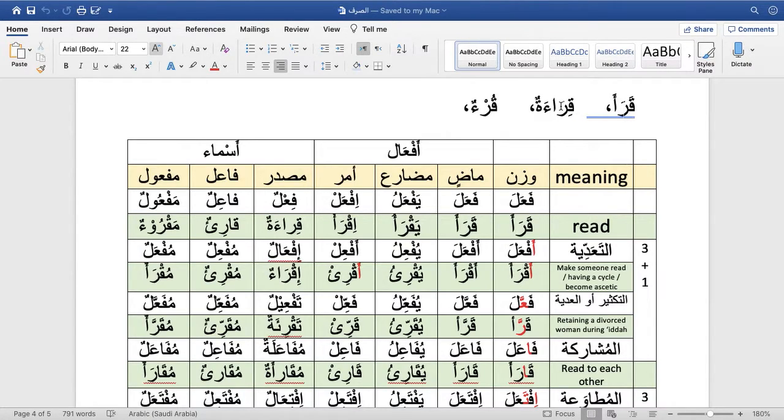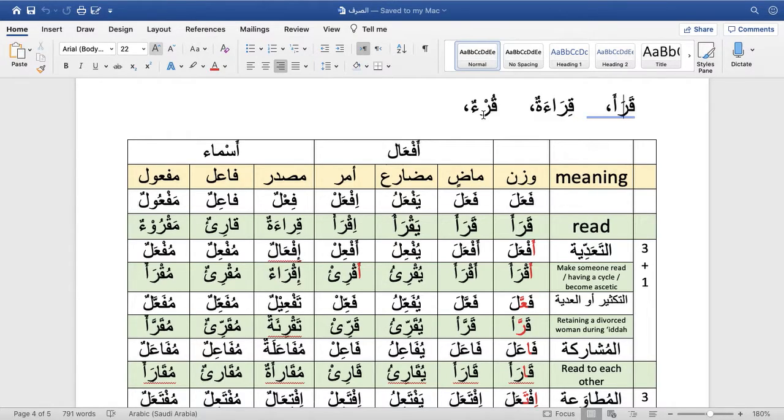So قراءة means reading, the action of reading, and قرء means the female menstrual cycle.